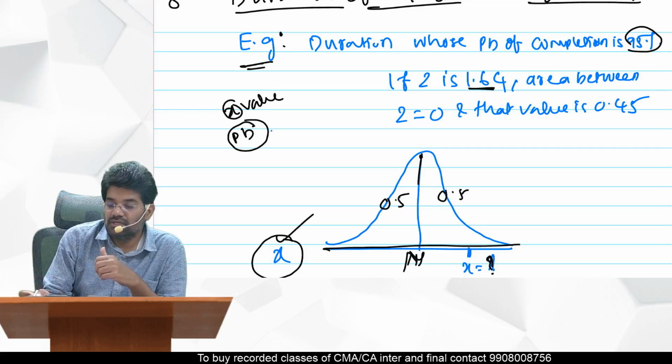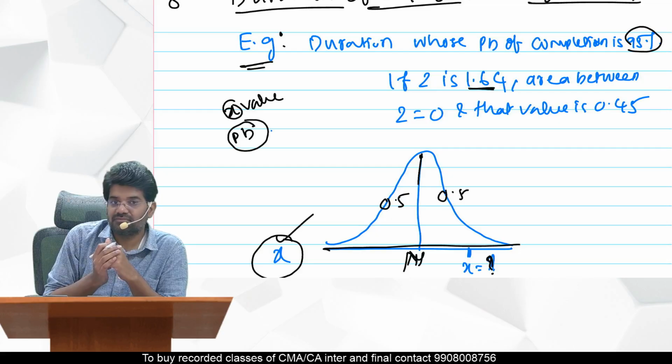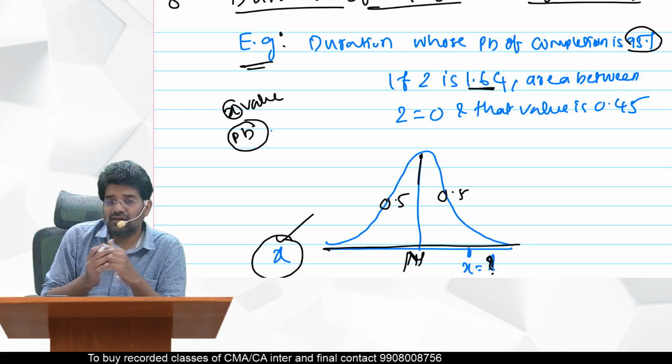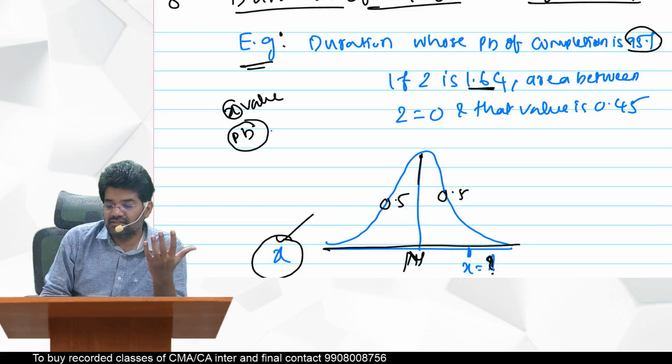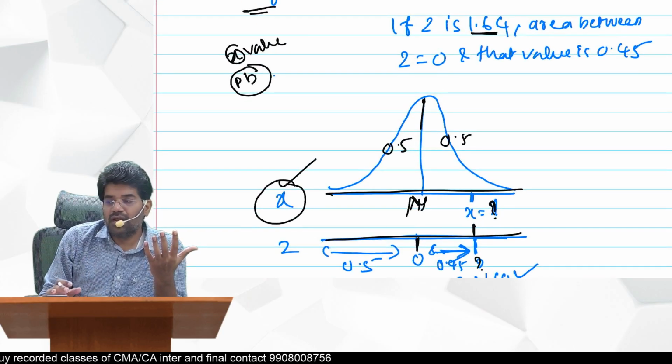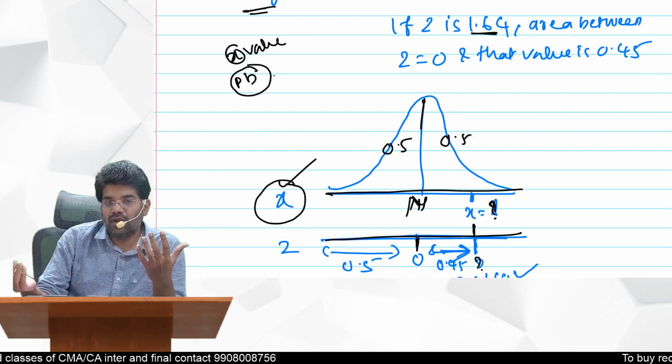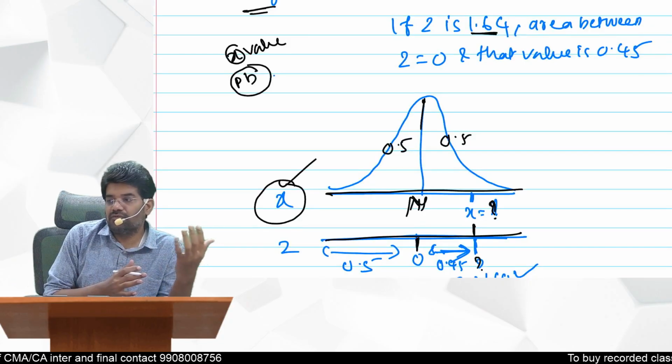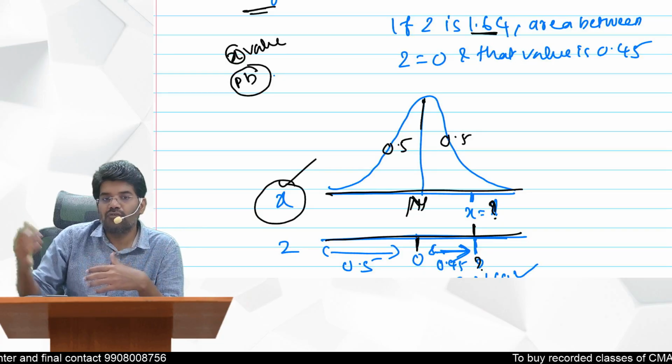Now 95% means we might have already added 0.5 here. So remove that 0.5 from 0.95, then take 0.45.